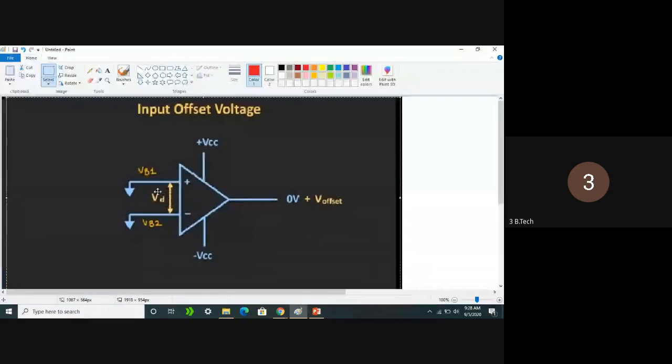See here, this terminal is given zero potential. In this diagram, the non-inverting terminal is given zero potential, which means these two terminals are grounded. Even though these two terminals are grounded, we are getting some differential voltage at the input side.